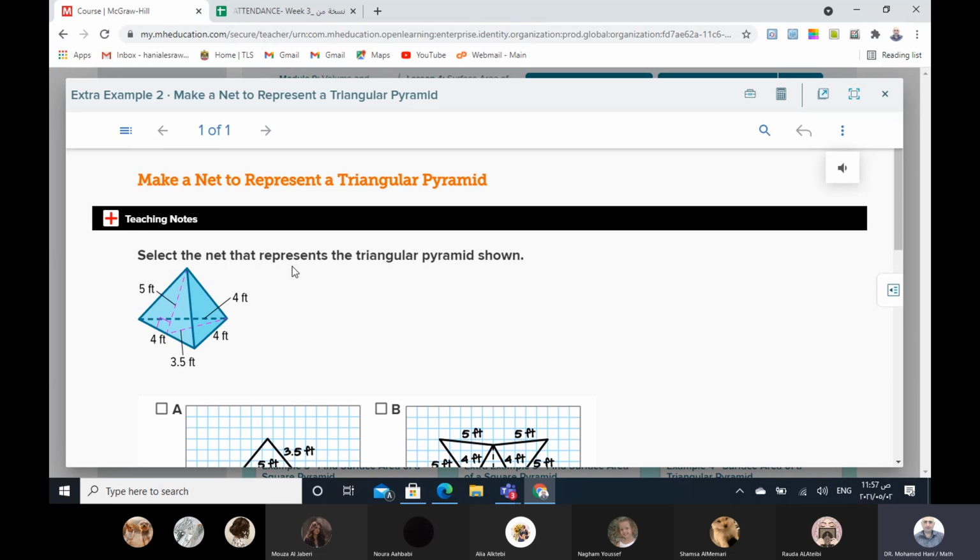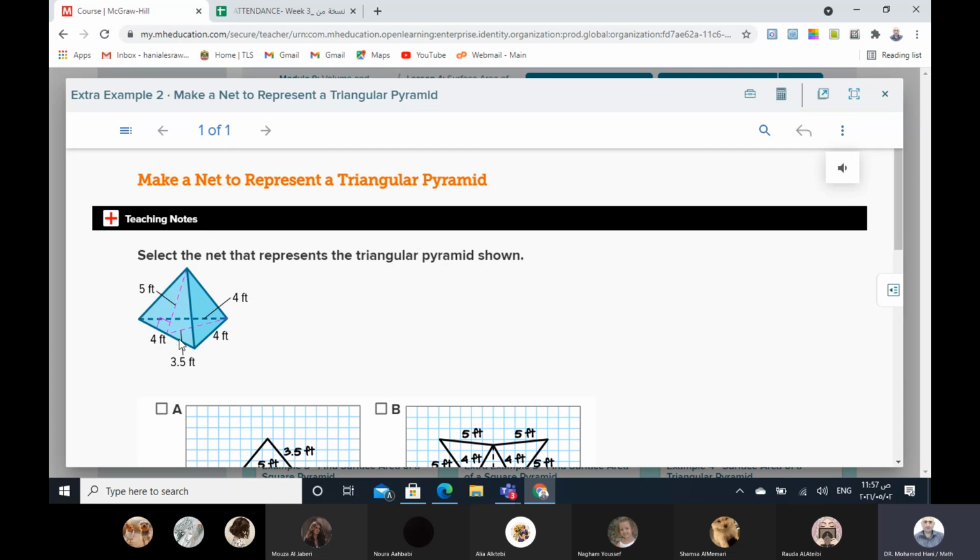Select the net that represents the triangular pyramid shown. Now I want you all to focus on the pyramid. Here down we have the base, which is a triangle, and here we have lateral faces, also triangles.